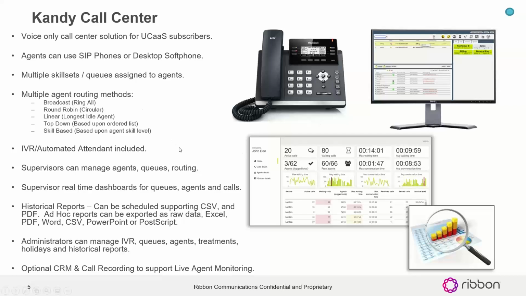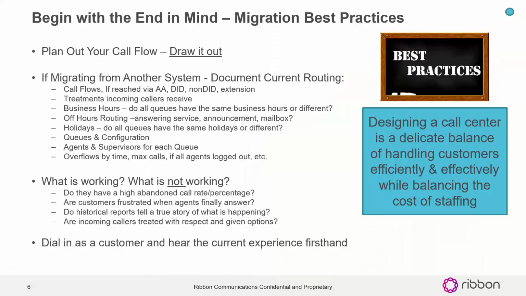There are multiple ways to get the call to the right agent, such as broadcast ring all. We'll talk about all these different options and which one might be the best for your type of call center. We'll also go through the auto attendant. As I said, we're going to touch on supervisors and agents, the dashboards, reporting, and the CRM integration. So let's start out, and we'll focus on best practices.